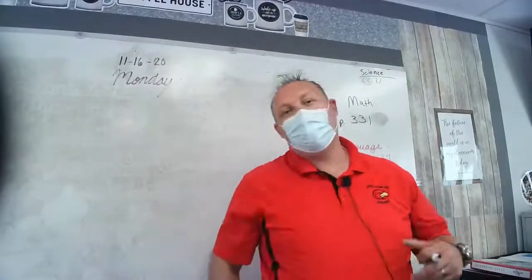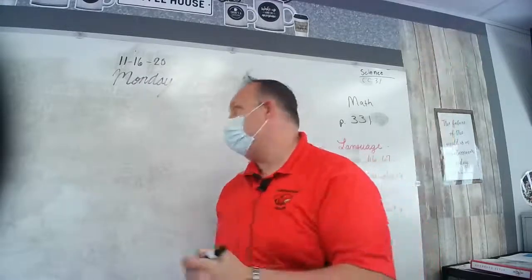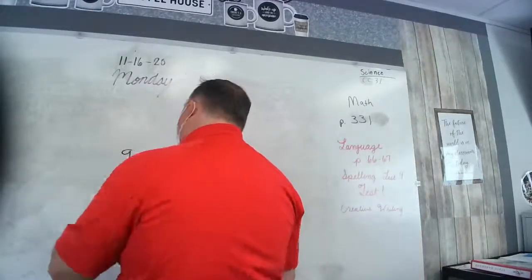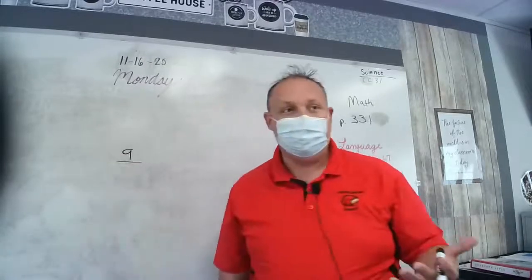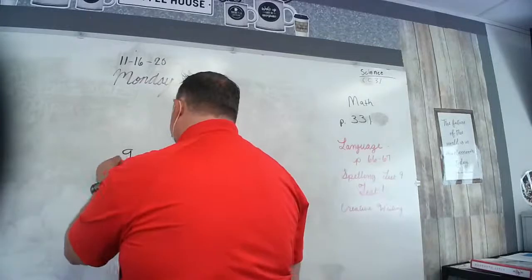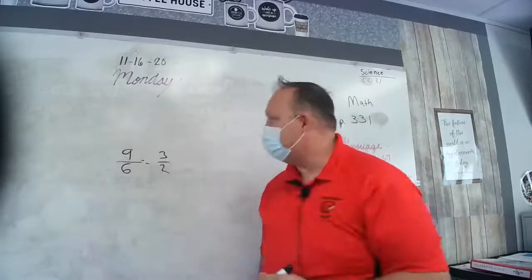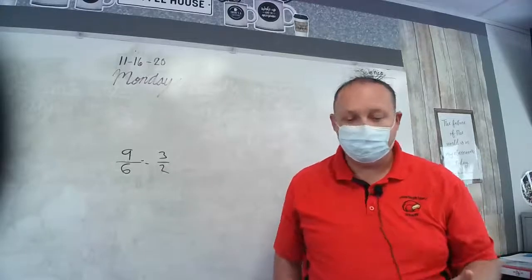What amount is needed? We need to serve 9 people. How many does the recipe actually serve? 6. So we're going to reduce this down and we get 3 over 2.